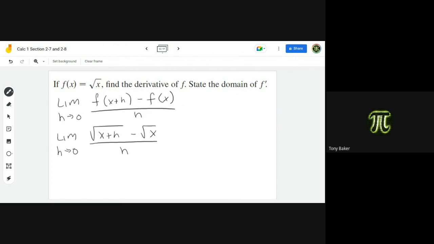What do we do when we have square roots? Oh, I know what we're doing. Start with a C. Right. Yay.